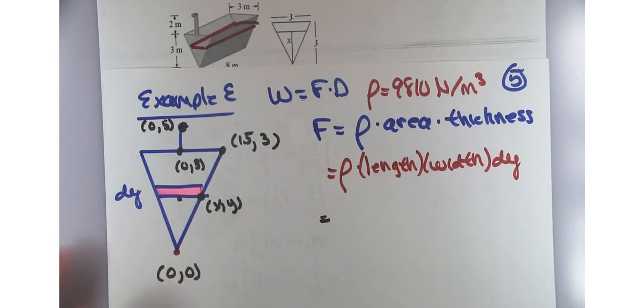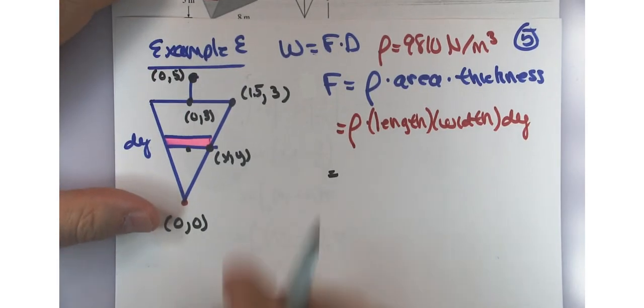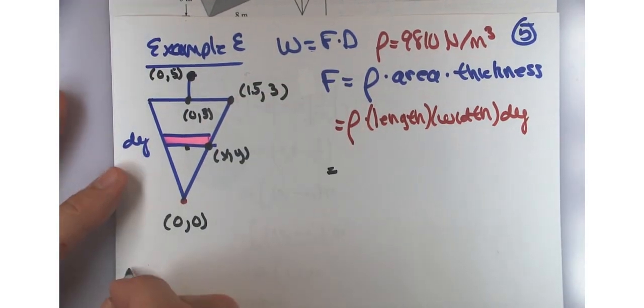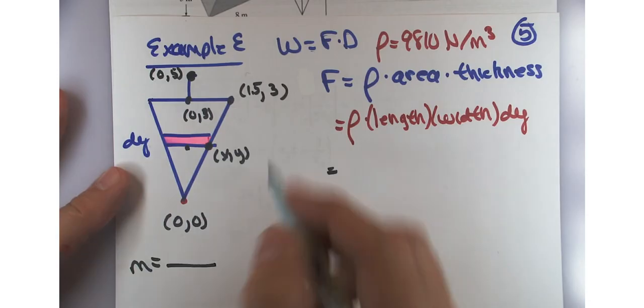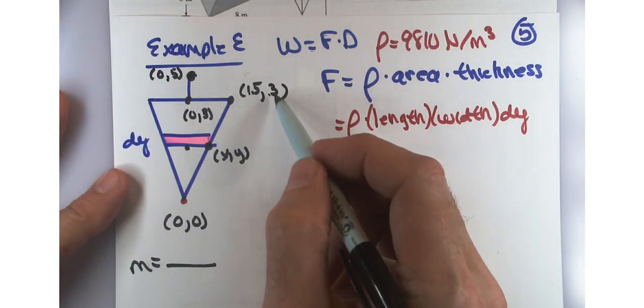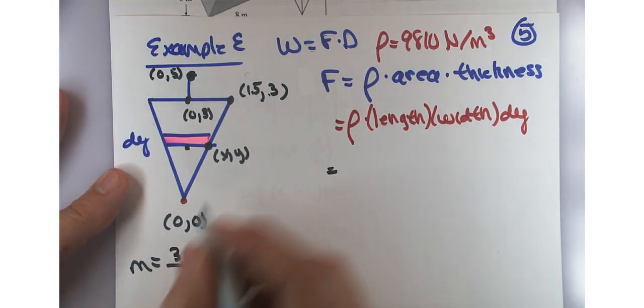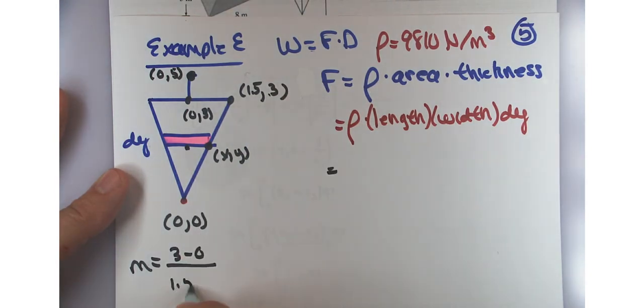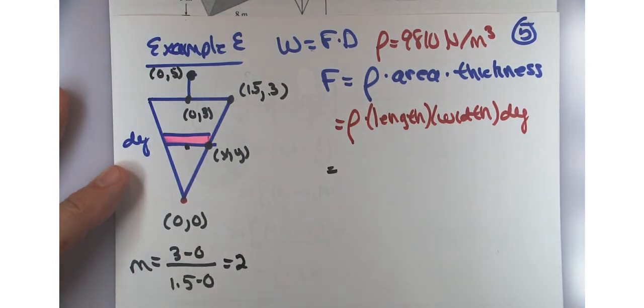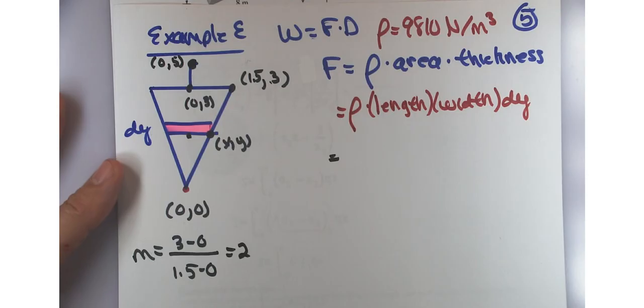So for that, I need to come up with an equation of a line. Let's do the same thing we did last time. We'll start by finding the slope. I'm not going to bother to write the formula this time. It's just going to be 3 minus 0 over 1.5 minus 0, which simplifies to 2. Let's take advantage of something else.